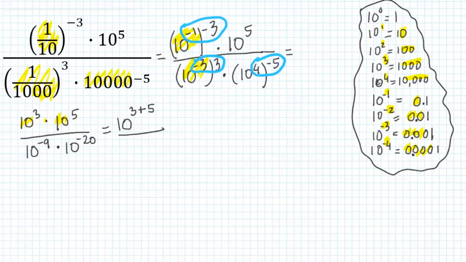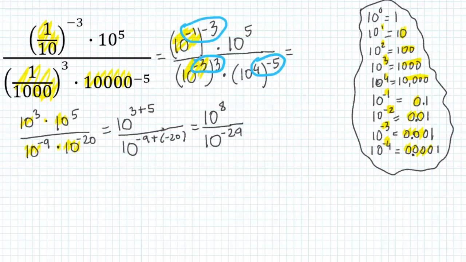And same thing in the bottom, we have the same base, 10, 10, we have multiplication, and since multiplication is just repeated adding, it's the same as 10 to the power of negative 9 plus negative 20. Simplify. Here we have 10 to the 3 plus 5 equals 8. In the bottom we have 10 to the negative 9 plus negative 20, which is negative 29.